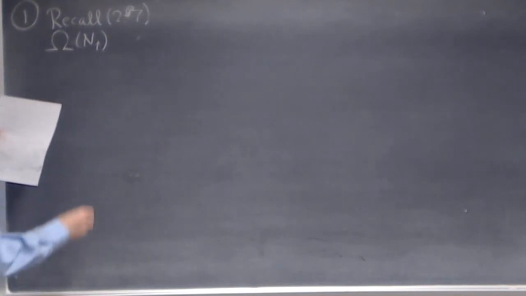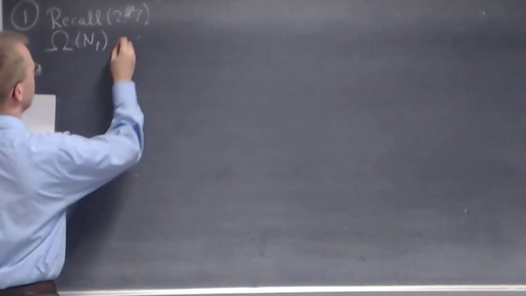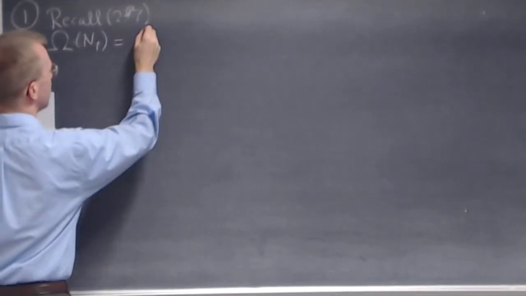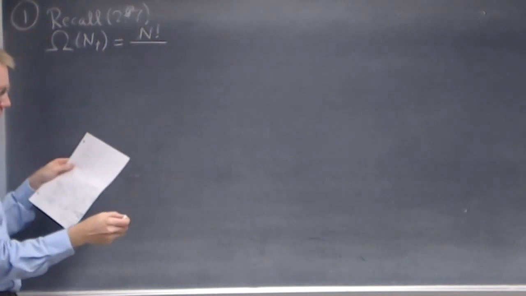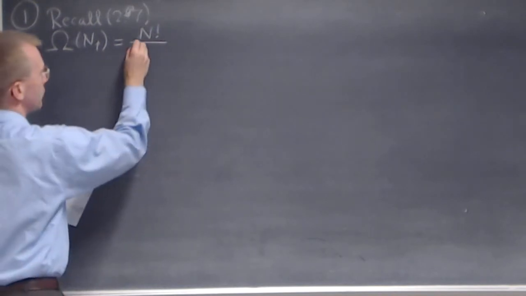So the multiplicity as a function of the number of dipoles pointing up is n factorial over n up factorial, n down factorial.